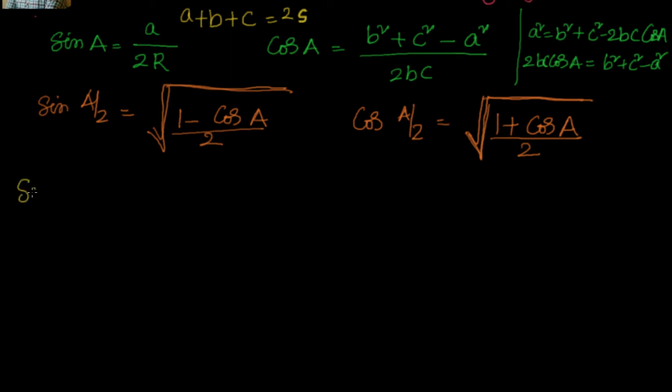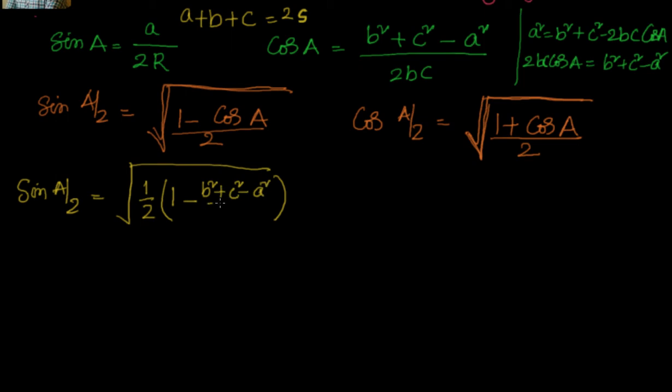We'll start with sine A by 2. Sine A by 2 equal to square root of 1 by 2. I will keep it aside. Then I will write here 1 minus cos A, 1 minus of, what is this? I have to write B square plus C square minus A square by 2bc. Right?